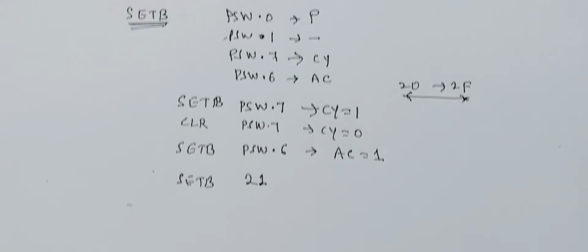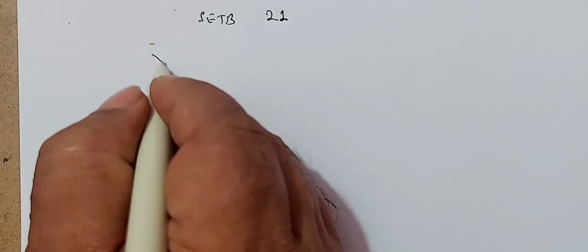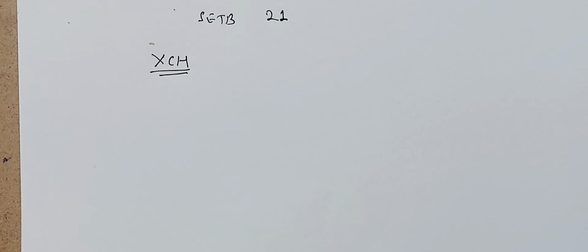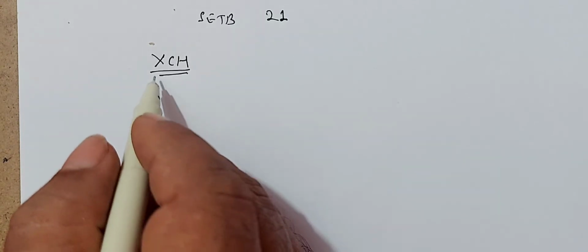Now let us study another instruction, XCH. XCH means exchange. If two data are present in the source address and the destination address, then you can exchange the data between the source and the destination using the instruction XCH.